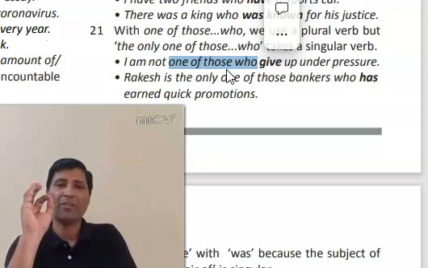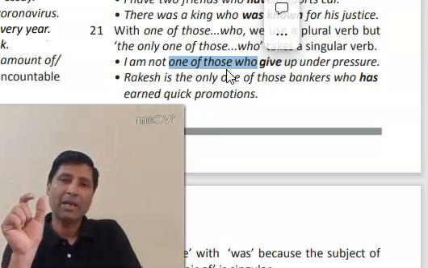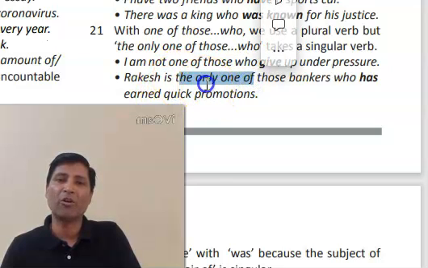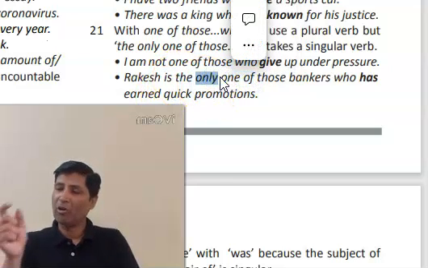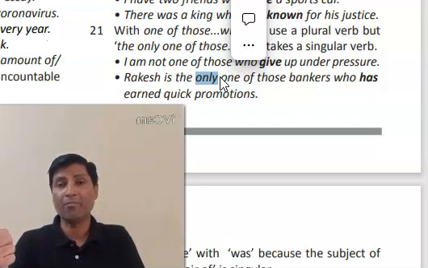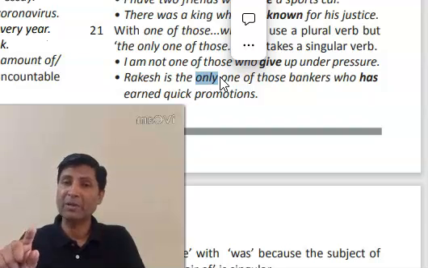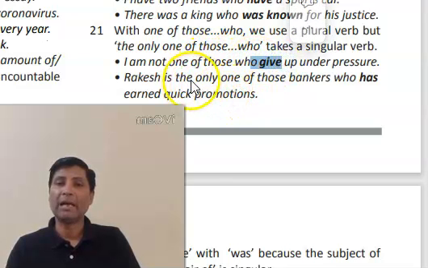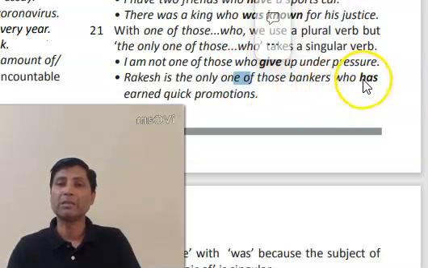The simple thing that you need to keep in mind is: if only is used before one, then the verb will be singular. You have to see whether only has been used before one or not. If it has not been used, the verb is plural. And if only has been used, then the verb will be singular. For example, I am not one of those who give, plural. And Rakesh is the only one of those bankers who, so here the verb is singular.